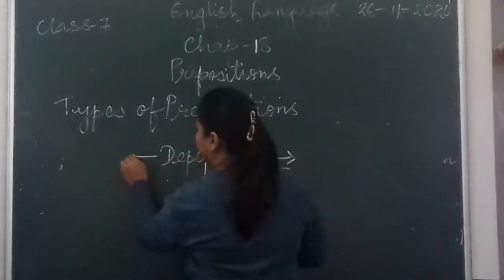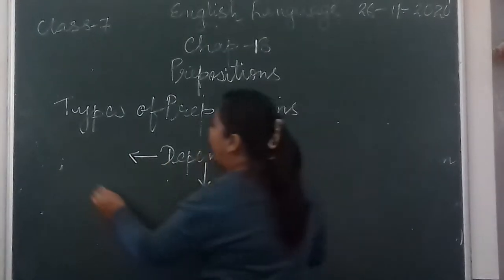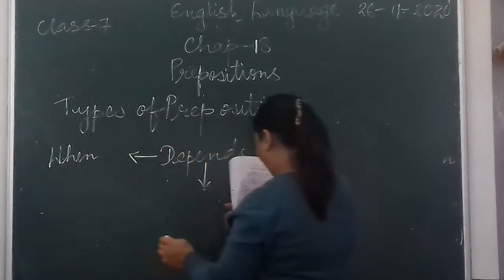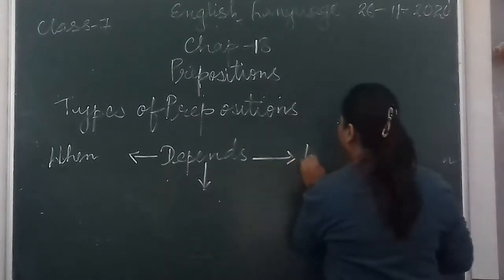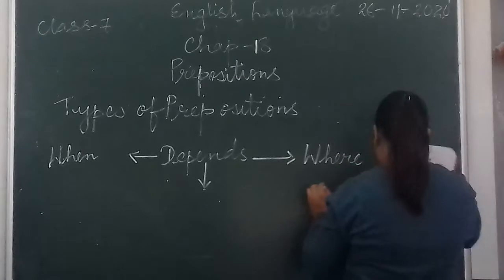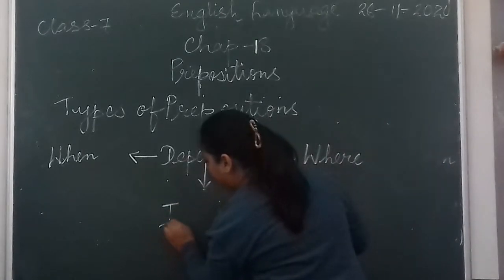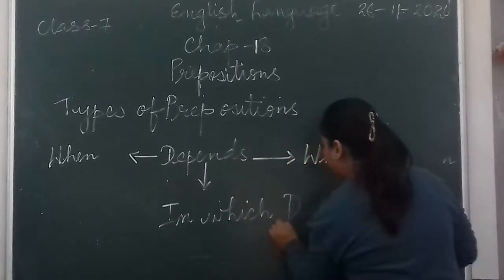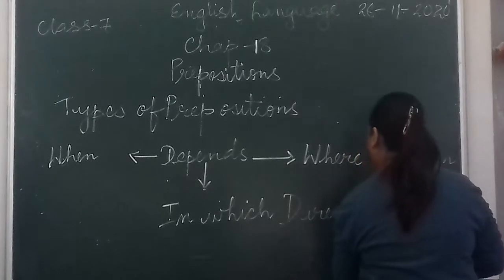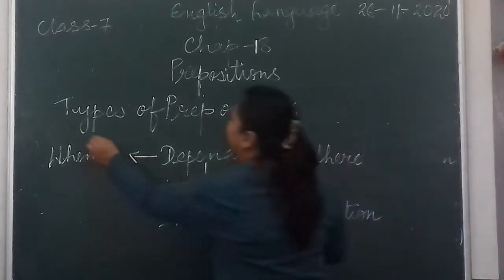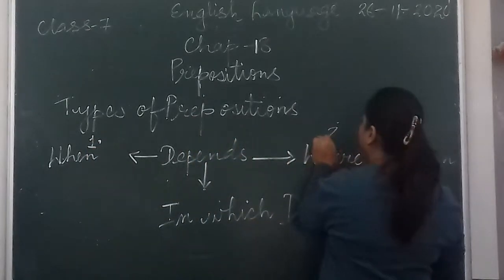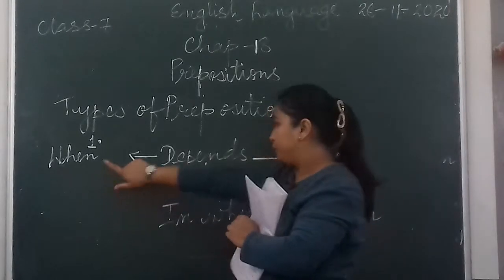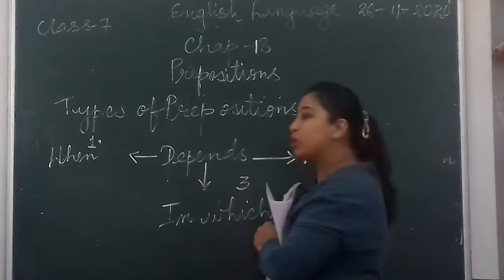Number 1 is when something is taking place, number 2 is where, and number 3 is in which direction. This one is 1, this one is 2, and this one is 3. It depends on three things: when, where, or in which direction.